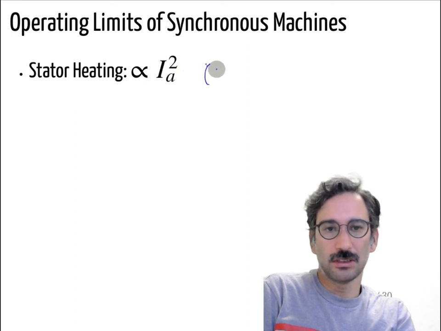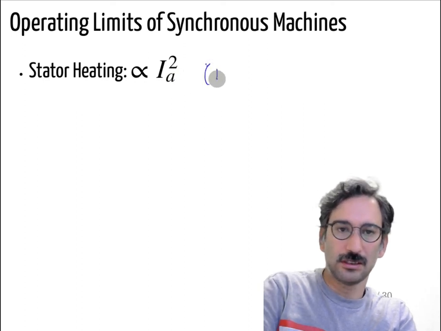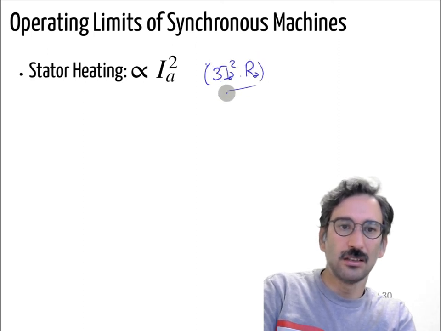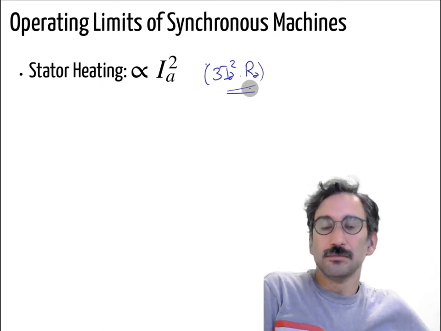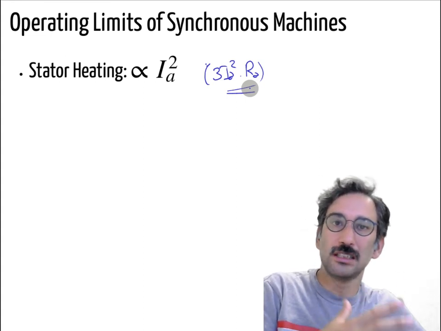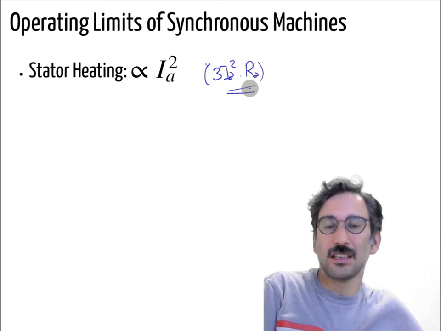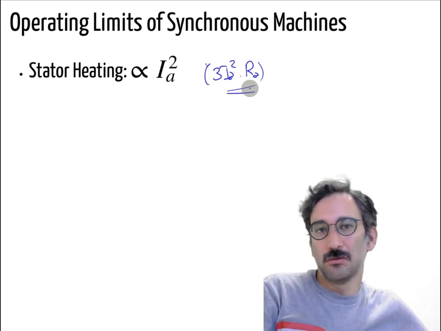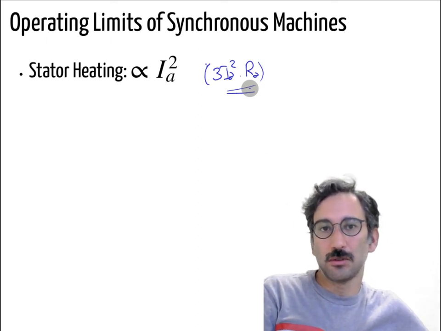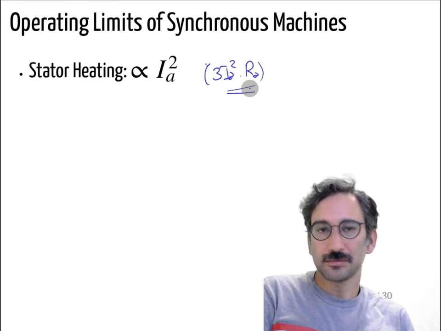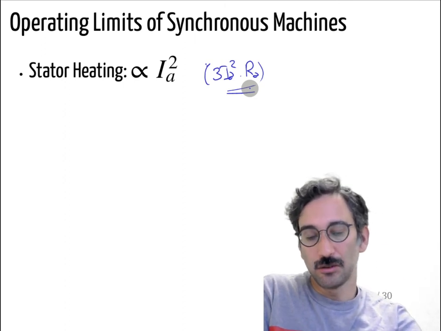Remember, the power losses are 3 I_A squared times R_A. If the cooling system is not enough and you draw more and more current, that will generate more and more heat inside the machine, but it will not get rid of that excess heat. Then the temperature will go up and up, and at some point you will damage the insulation of the windings or cause other damage. So first of all, the stator current limits the heating or the operating temperature.